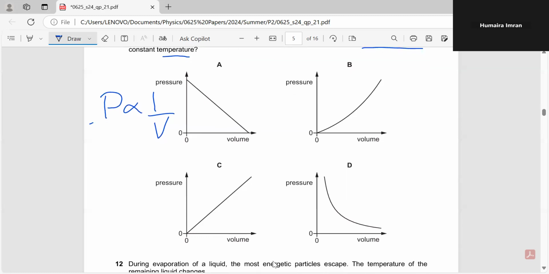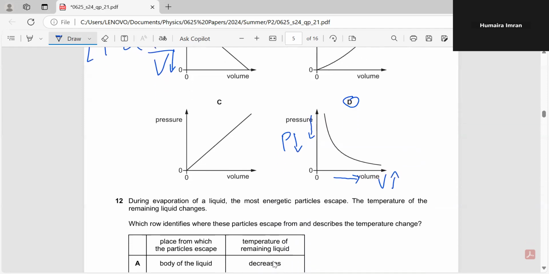When one increases, the other decreases, right? So if we take a look at the ABC graph shapes, we have this shape where pressure keeps on decreasing and volume keeps on increasing. So this is the best answer in this graph.